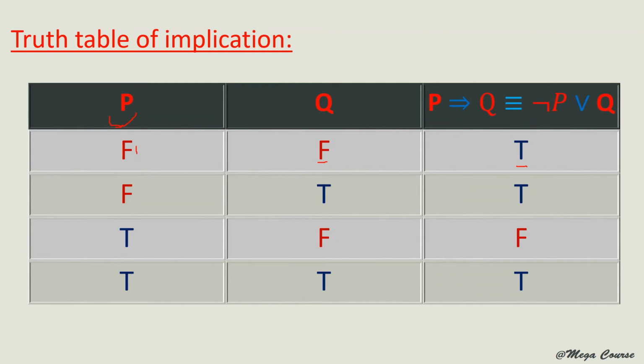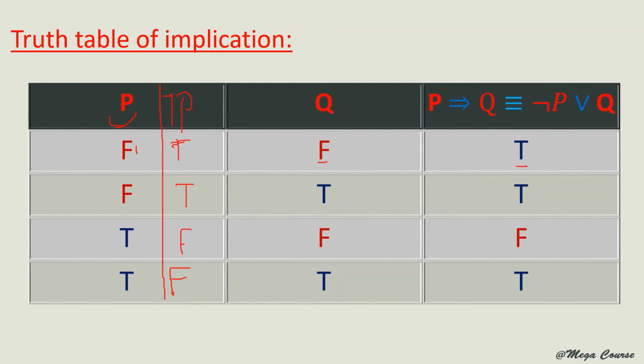Let's simplify this more. If we add a column here and name it not P, the negation of P, then this is true because this is false, and this is true because this is false, and this is false because P is true, and this is false.